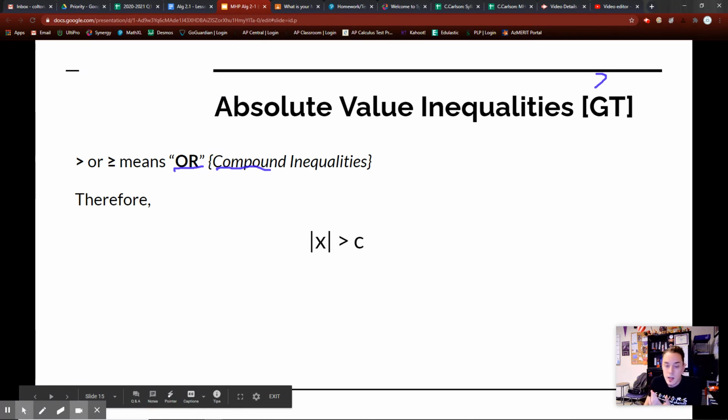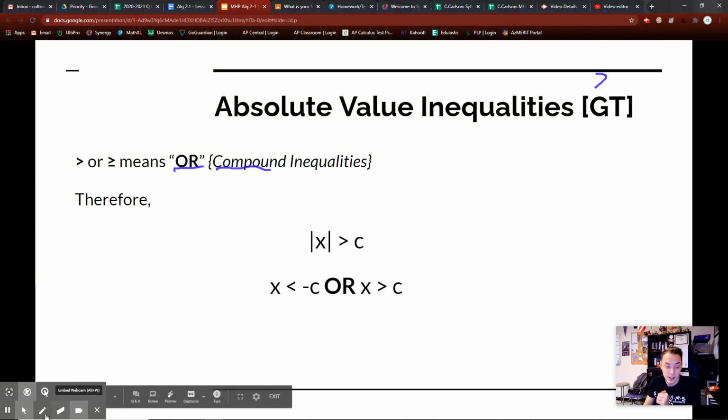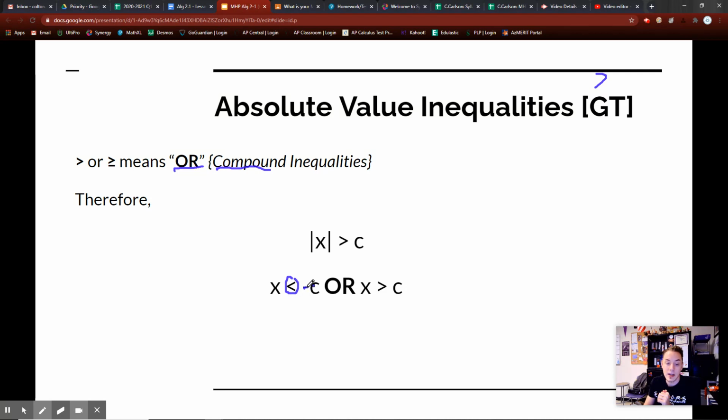Well, in general, if I have absolute value of x isolated on the left side, and it's greater than c, some random number, I can make it look like this: x, change the inequality sign and put a negative on it, with the same c.